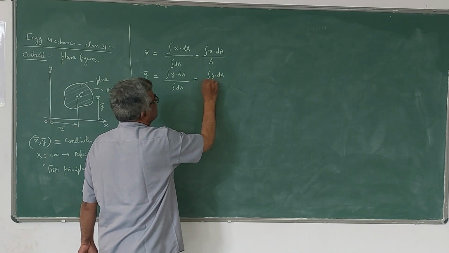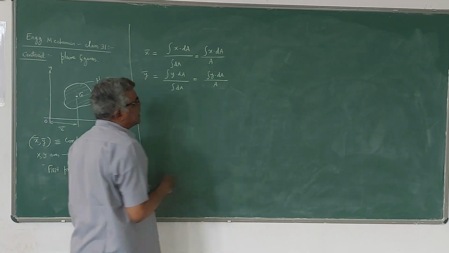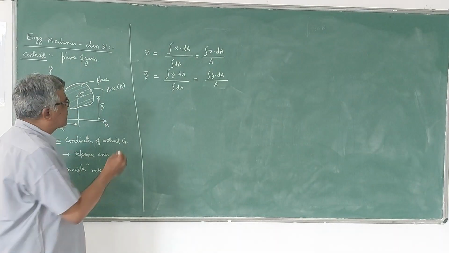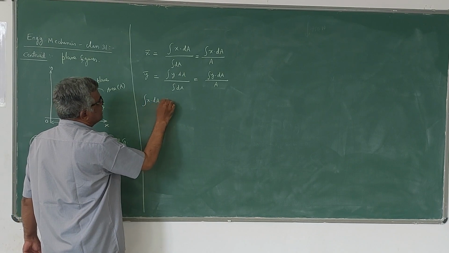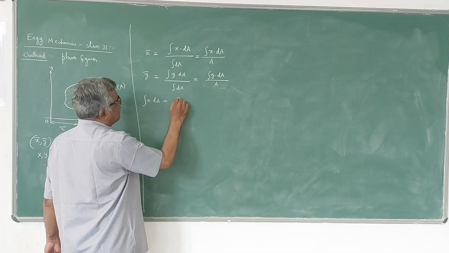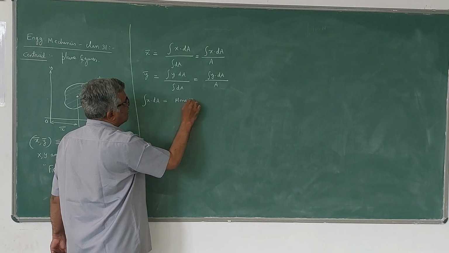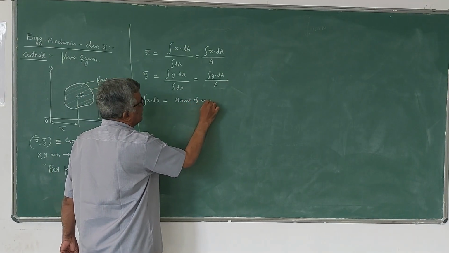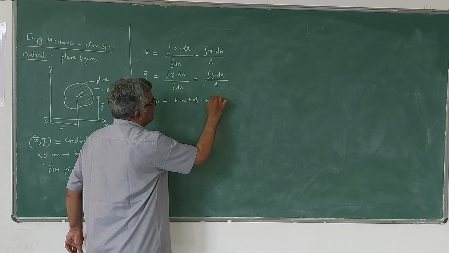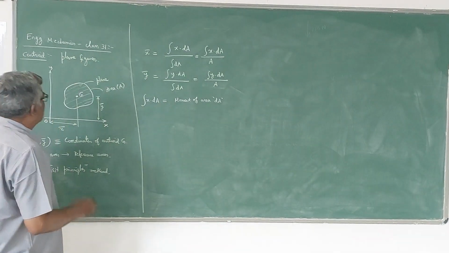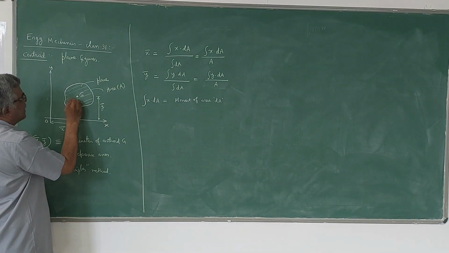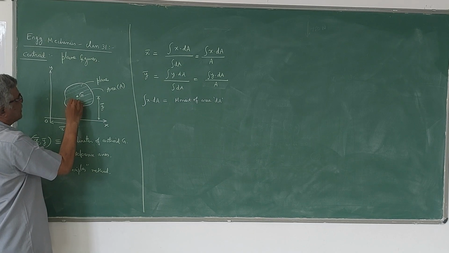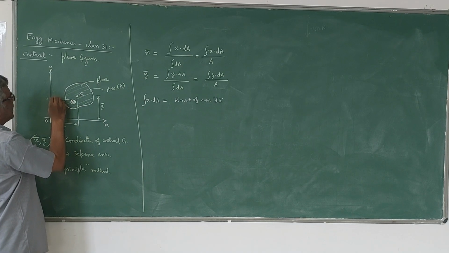Here you have to understand these two terms, integral x dA and integral y dA. Integral x dA is called the moment of area dA. I will take a small area dA out of this total area A, an elementary area dA.